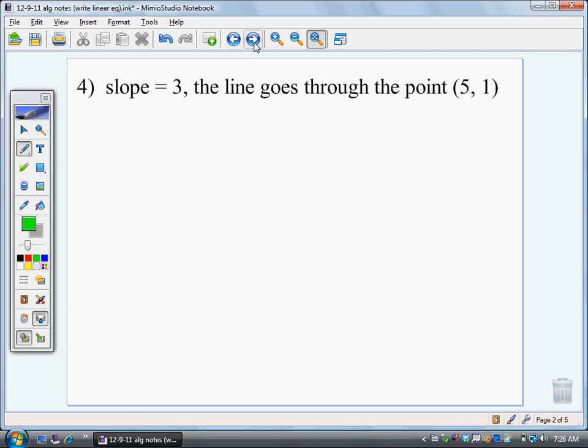And now this next question, the slope is 3. And we know that the line goes through the point 5, 1.